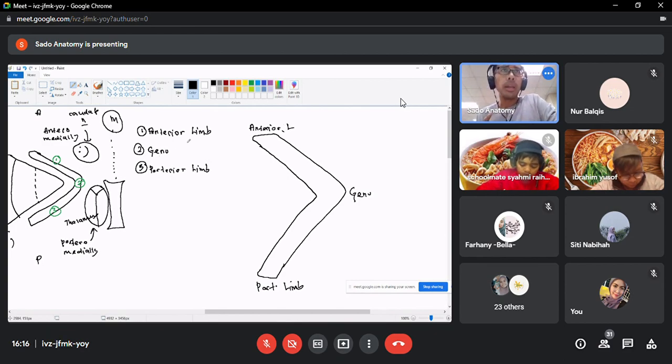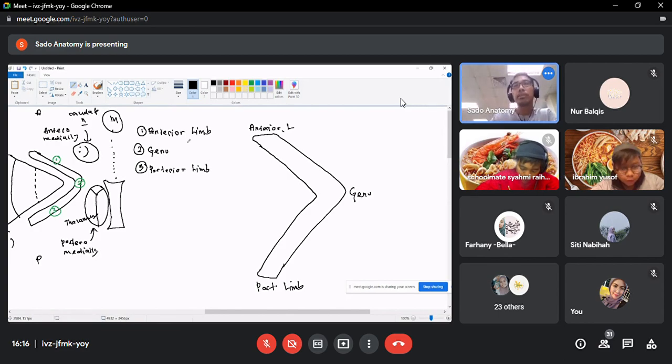Listen carefully: the anterior limb of the internal capsule basically consists of tracts mainly connecting between the thalamus and the frontal lobes of the cerebrum. I repeat my statement, please take note.